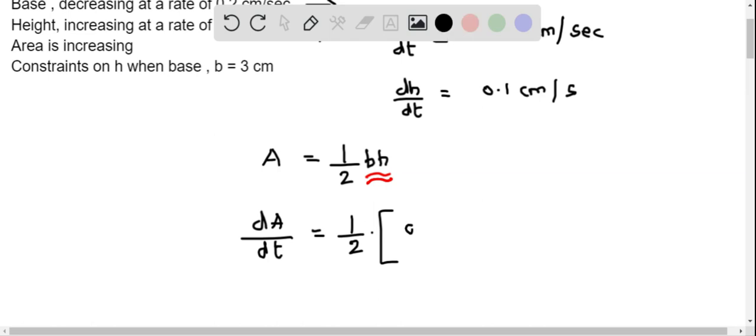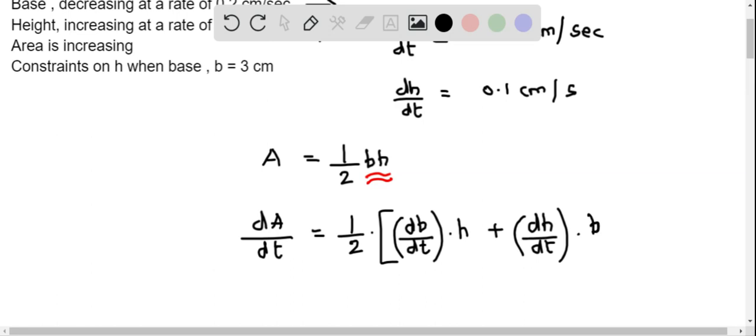So in the product rule, we find the derivative of one of the variables. I find the derivative of B, and then multiply with the other term as it is. Now plus, we have to add the plus, and then we find the derivative of the other variable, that is dH over dt. We find the derivative of H with respect to time and multiply with the variable whose derivative we have not found.